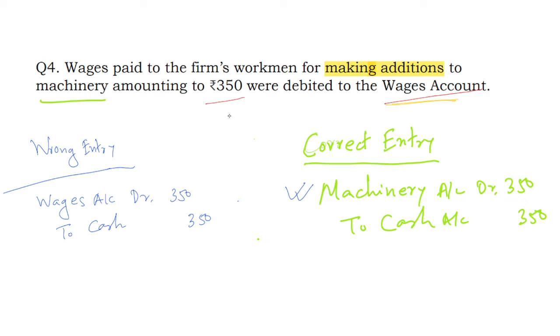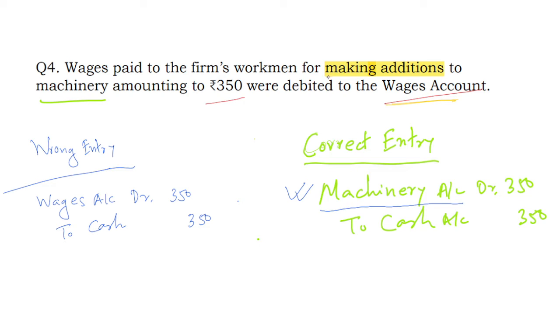At any point of time, if any additions or expenses are paid directly for acquisition of machinery or any fixed asset, it is considered as the acquisition of that asset. In accountancy, at the time of purchasing, installation charges, wages paid, carriage, all these things together constitute the asset account.